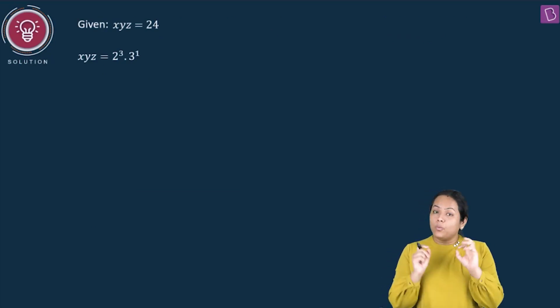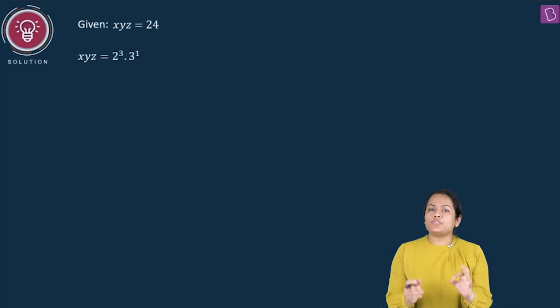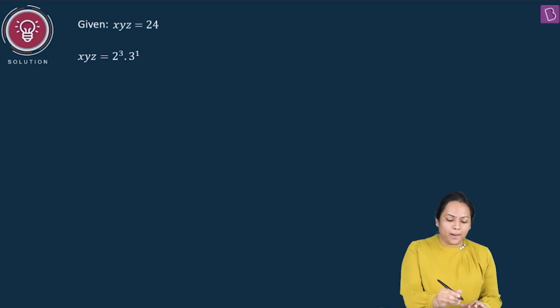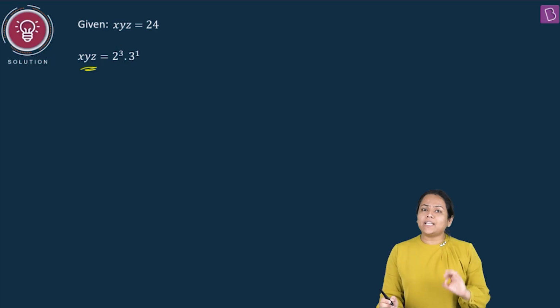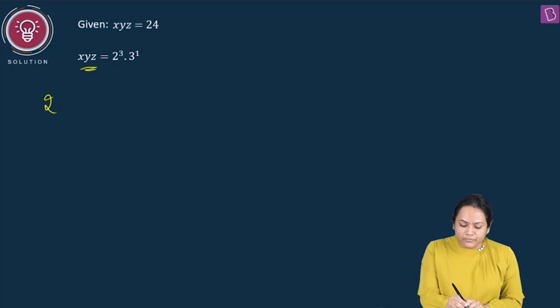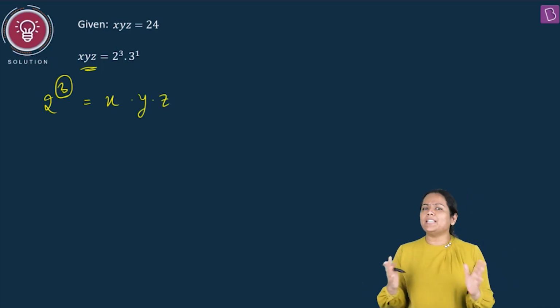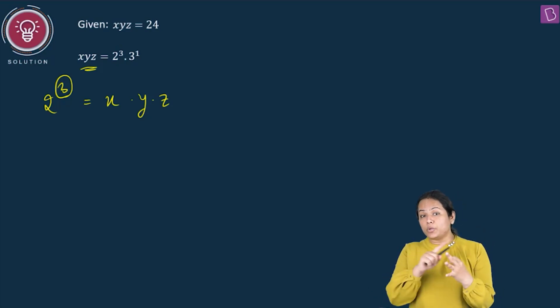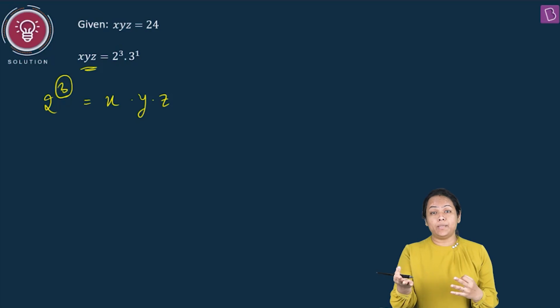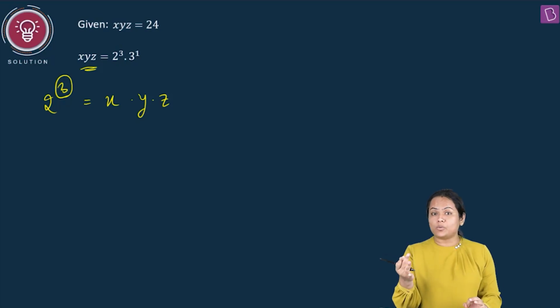Now what? Well, now we distribute the powers of 2 and 3 among the three numbers x, y and z, right? So starting with 2 raised to 3, I have to distribute this part 3 among three numbers x, y and z. Here you can apply the beggars method if you want. In how many ways can we distribute 3 among 3 people, or let's say 3 variables x, y and z?